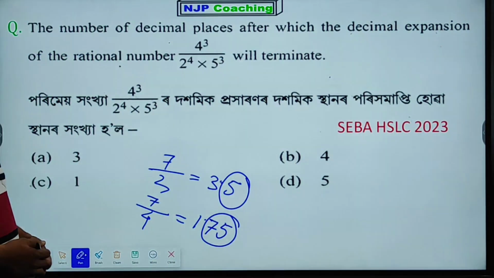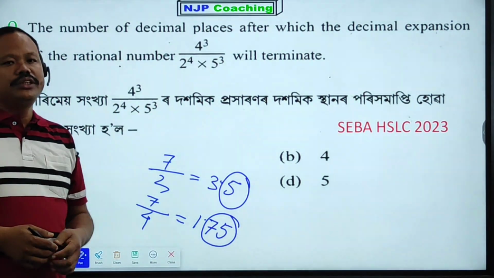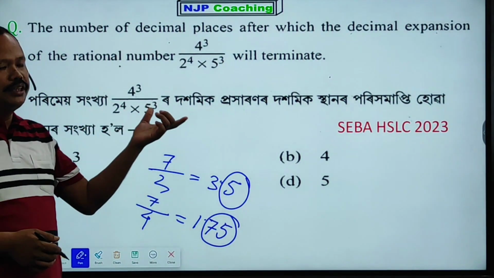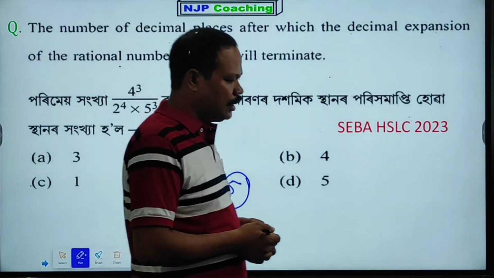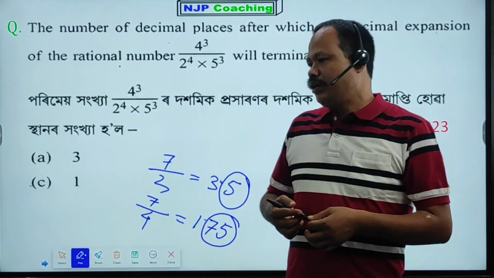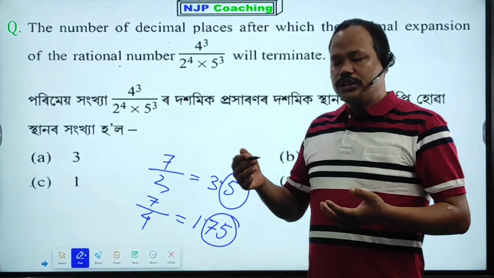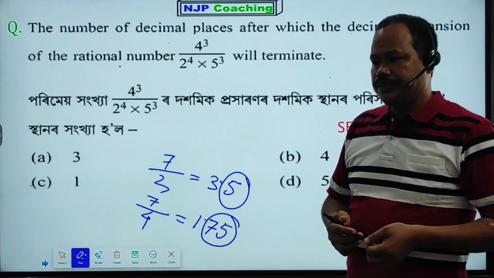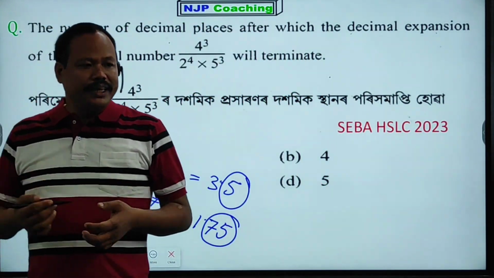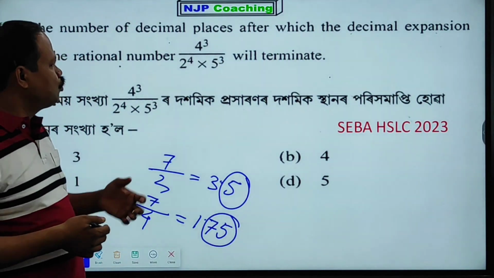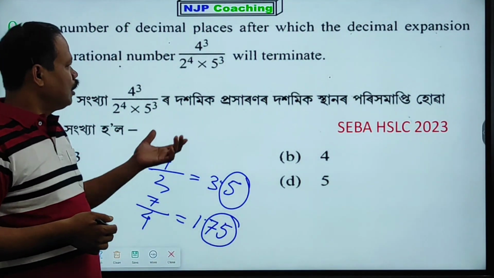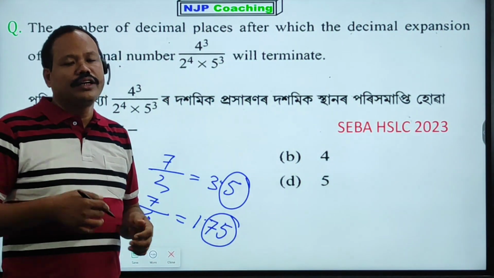Now without doing actual division, we have to say after how many places a fraction will terminate. First point is that the fraction should be terminating. There is a condition: in the denominator only the factors 2 and 5 should be there. If the denominator can be expressed as the product of 2 and 5 only, then we can say that fraction will terminate.